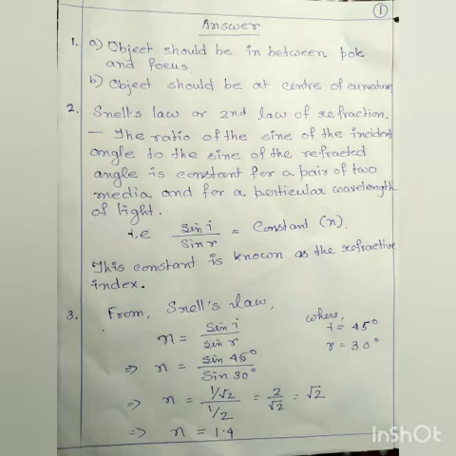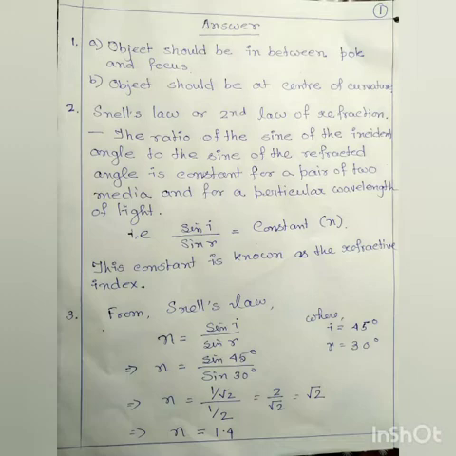If the image is virtual, erect and larger than the object, then the object should be in between pole and focus. And for the next question, if the image is real, inverted and same in size, for that condition, the object should be at center of curvature.